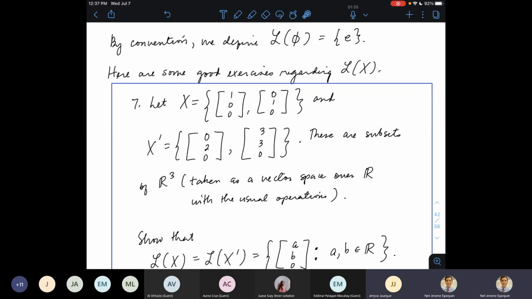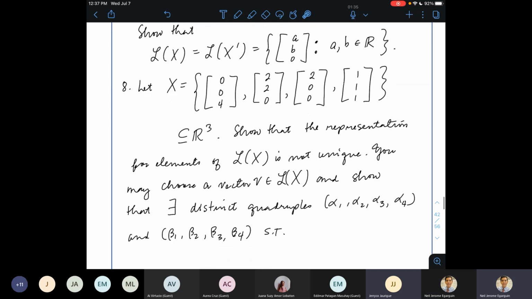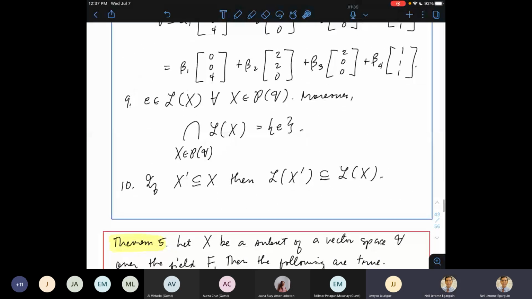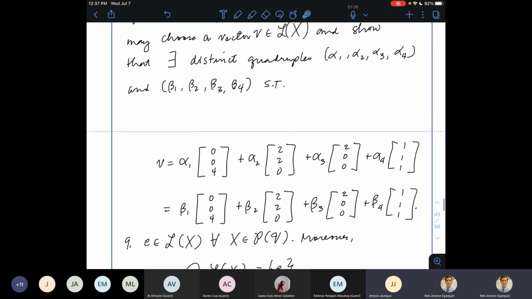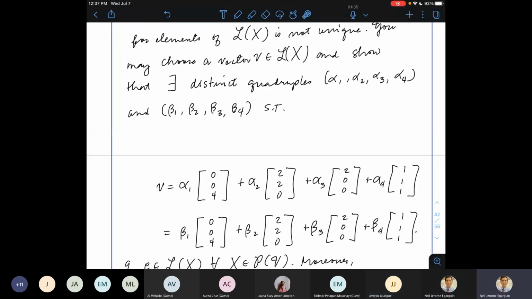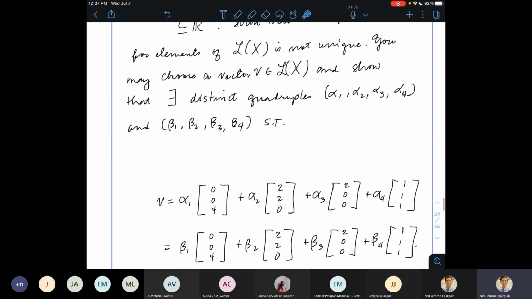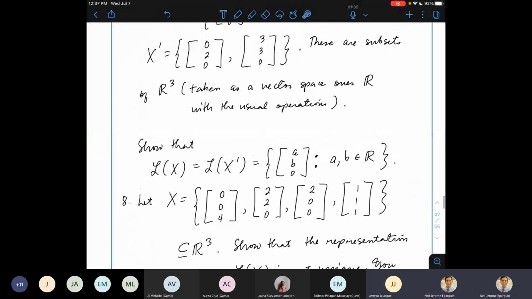I mean, you mentioned that number 8 will be very important in later discussion, but we don't know how to begin with solving number 8. Okay, yeah, sure.